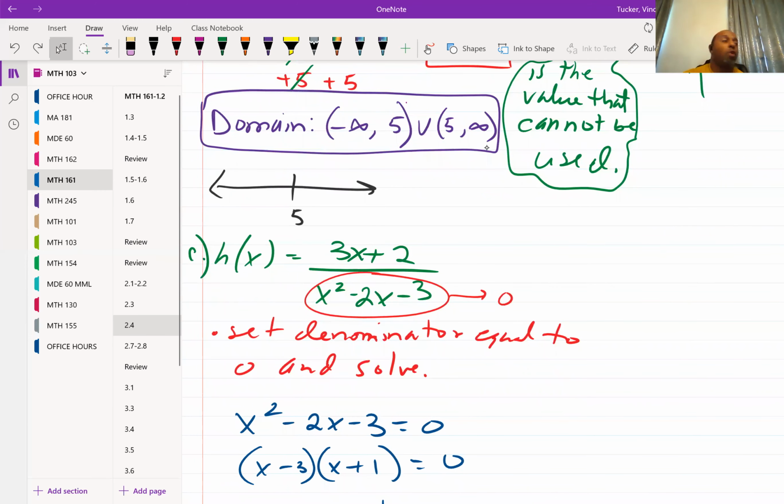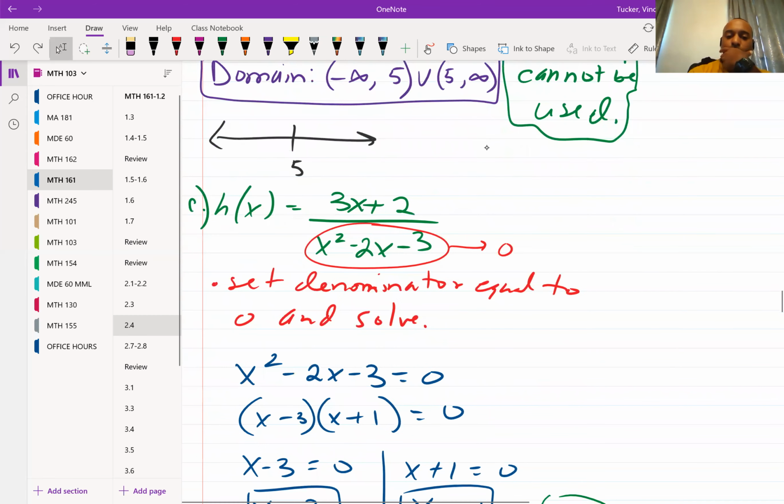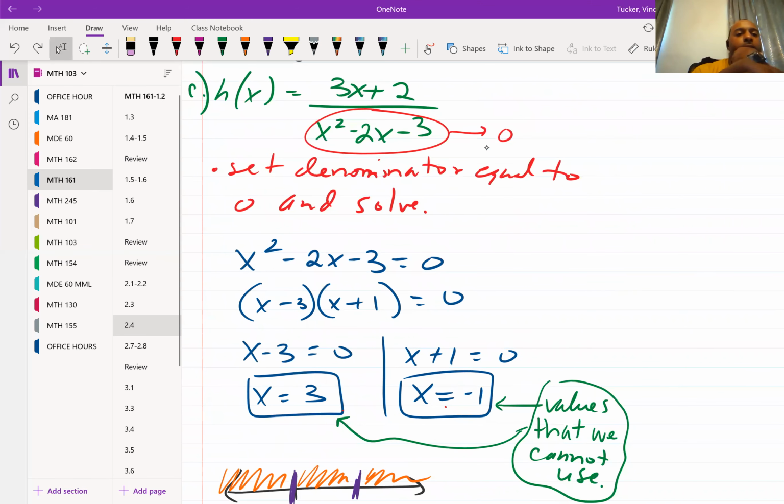So this time we have a quadratic equation that is set up because of our denominator. So you can factor it, or once again, don't forget, you can plug it into your quadratic formula to get your two values. I went ahead and factored.